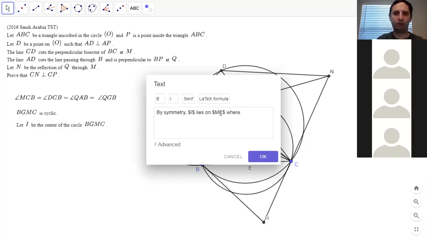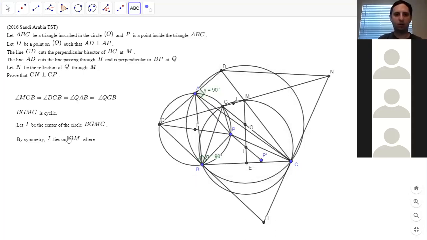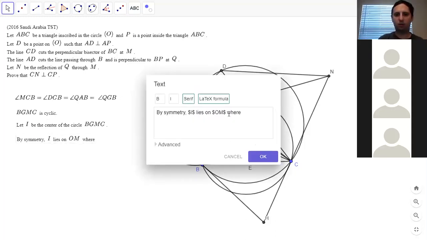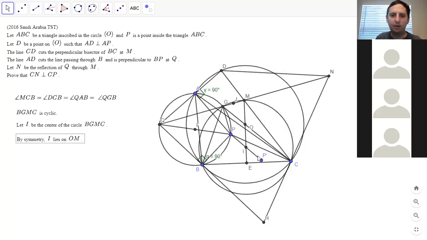I don't even need to, or OM. I don't really need to define point E if I don't want. So then let P prime be the reflection of P over I.